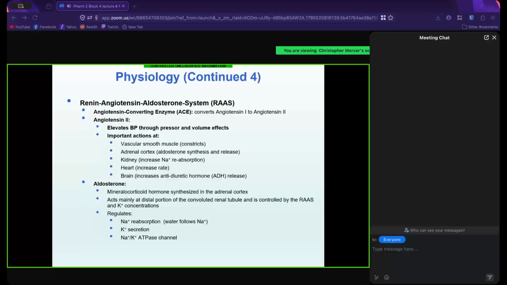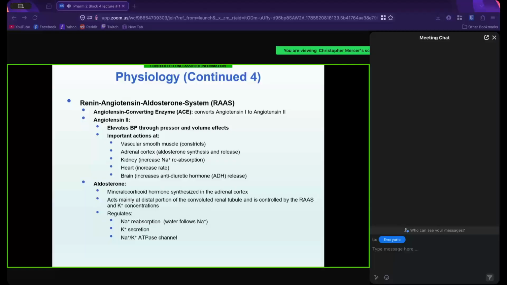But when you look at all of those actions of angiotensin 2, now you can see why if we block it and inhibit all of those actions, we can have such a large effect on blood pressure control. And guess what? The way we're going to do that, ACE inhibitors or ARBs.